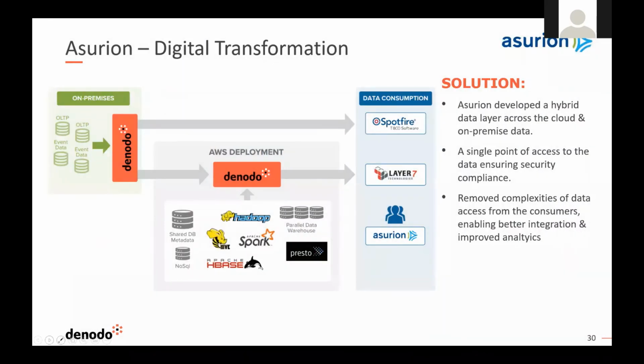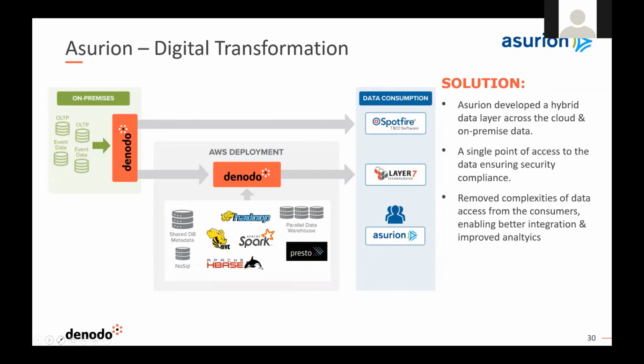They used Denodo data virtualization and built up a hybrid data layer, both across their cloud and on-premise data sets, that easily enabled them to add and remove new data sets. So as external data sets became available, they could very quickly be added into the architecture without having to copy them out of the country of origin.